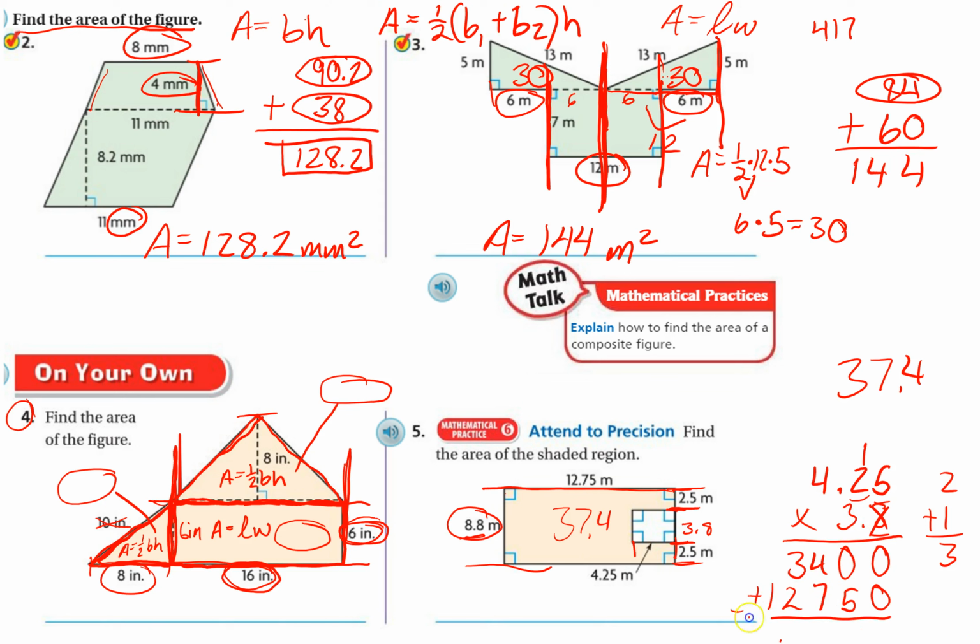Add that all up. 7 plus 3, 4 is 11. 5 plus 1 is 6. And then I got to move my decimal over 3 places. 1, 2, 3, right there. So now I have 16.15. It's acting very slow and buggy right now. I don't know why.